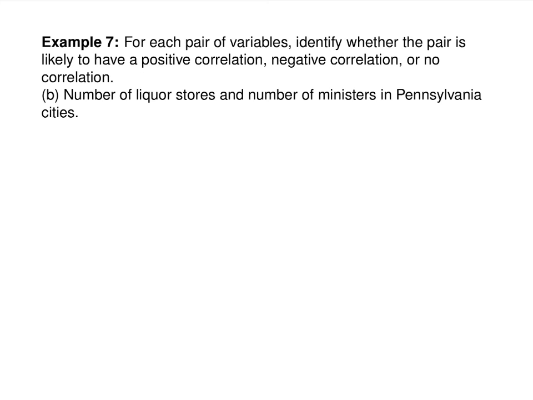And the whole fact that there doesn't need to be a causal relationship between things just has weird stuff like this happening. Number of liquor stores and number of ministers. Okay, I don't really think it's that the ministers are trying to save the drinkers or vice versa. It's just that if you're in a little small town, we'll say we put number of liquor stores, number of ministers. Well, small towns are going to have low numbers of liquor stores and low numbers of ministers. Big towns will have lots of liquor stores and lots of ministers.